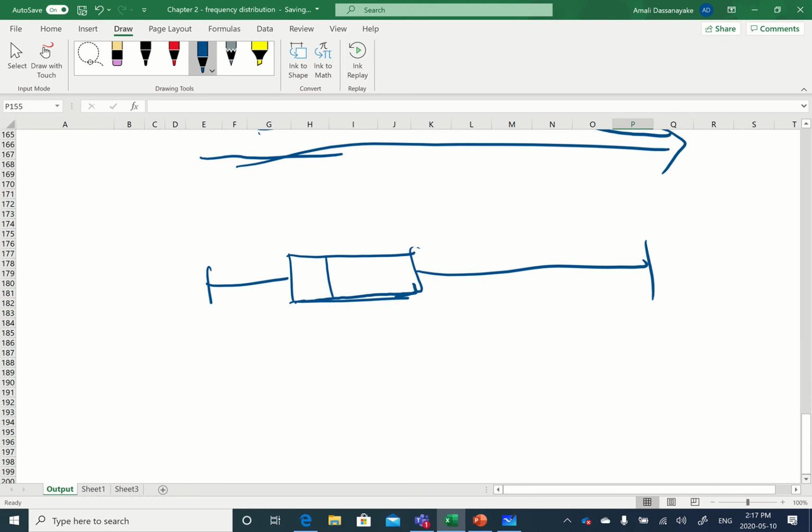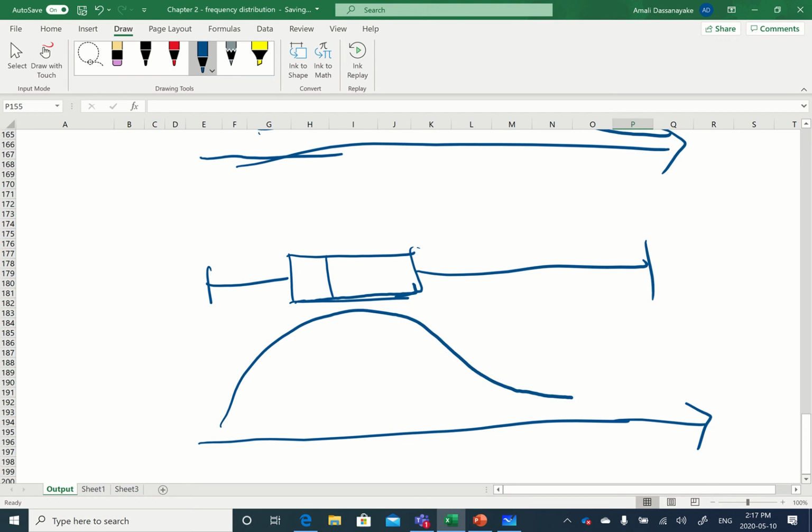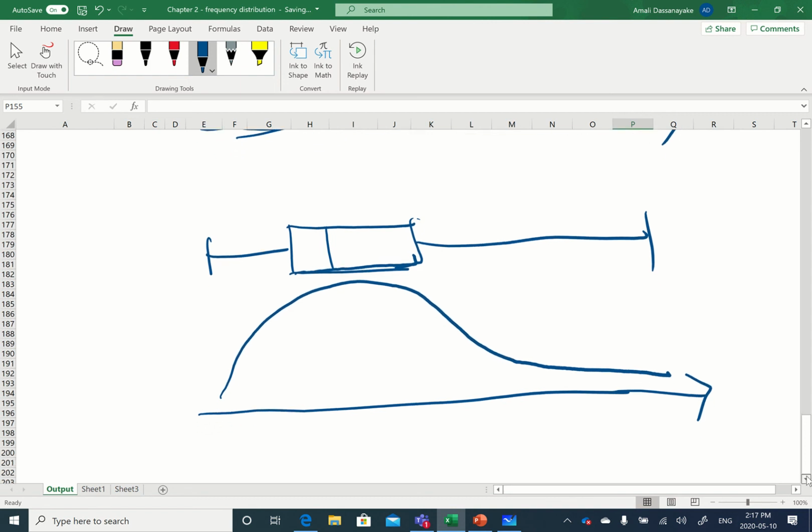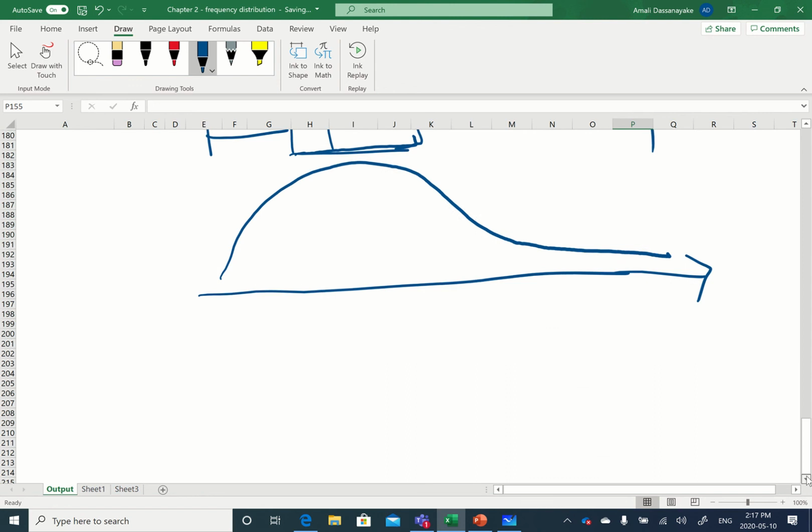The box is towards your left hand side, so the underlying shape is this. So the majority of data are here and some extreme values are to the right hand side. So you have skewed to the right. So this is a positively skewed distribution.